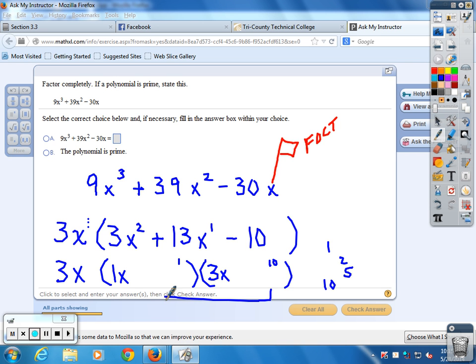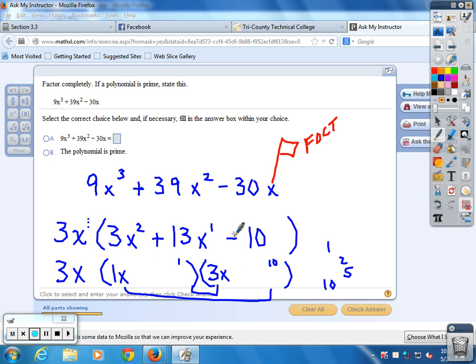Outside and inside. Well, 10 and 3 will give us a 13, but the problem is what? You got an unlike term here, so that's not going to help us. That means this has to be a positive, and this has to be a negative because of this.